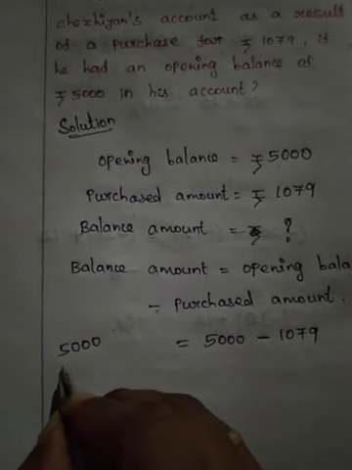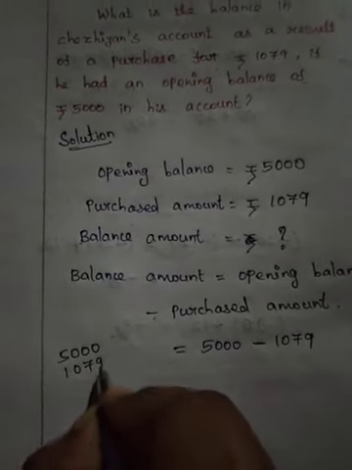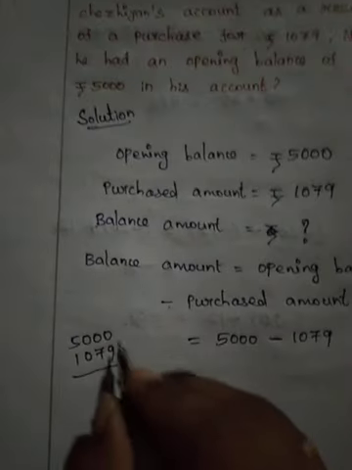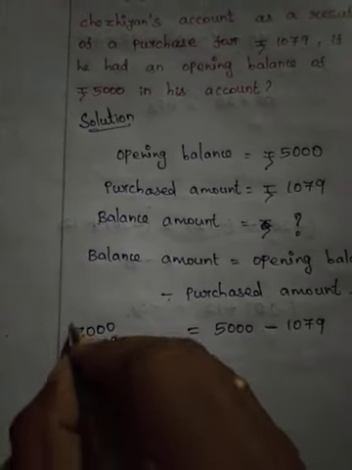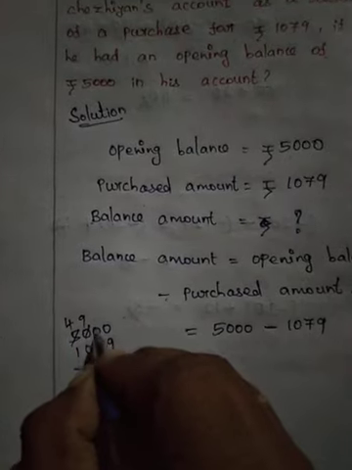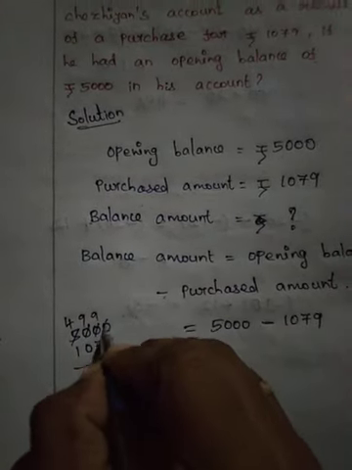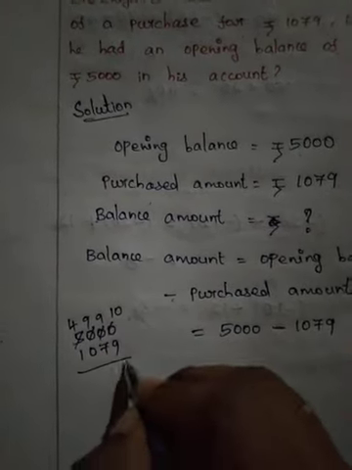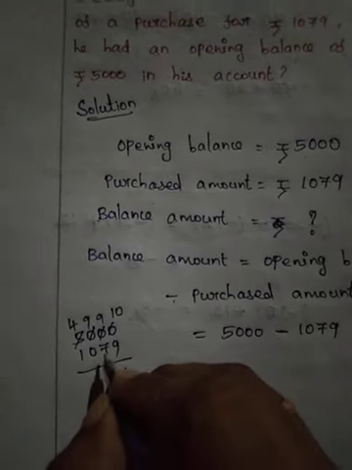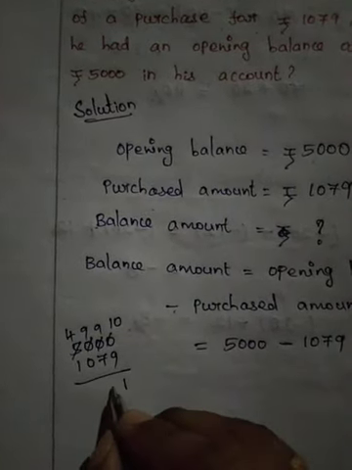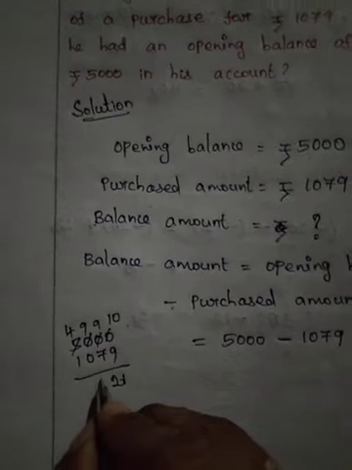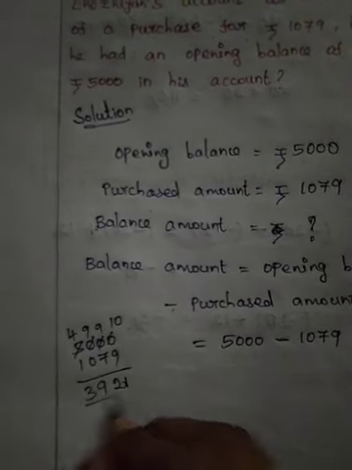See, 5000 minus 1079. 10 minus 9. Take one borrow. This place is 4, 9, 9. This place is 10. 10 minus 9 is 1. 9 minus 7 is 2. 9 minus 0 is 9. 4 minus 1 is 3.